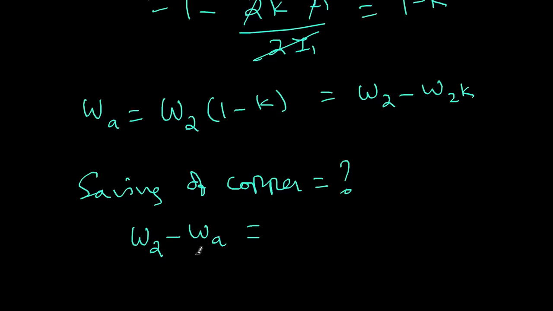If I bring WA to the other side, the saving is nothing but k into W2. This is a very important point: the saving is proportional to k.